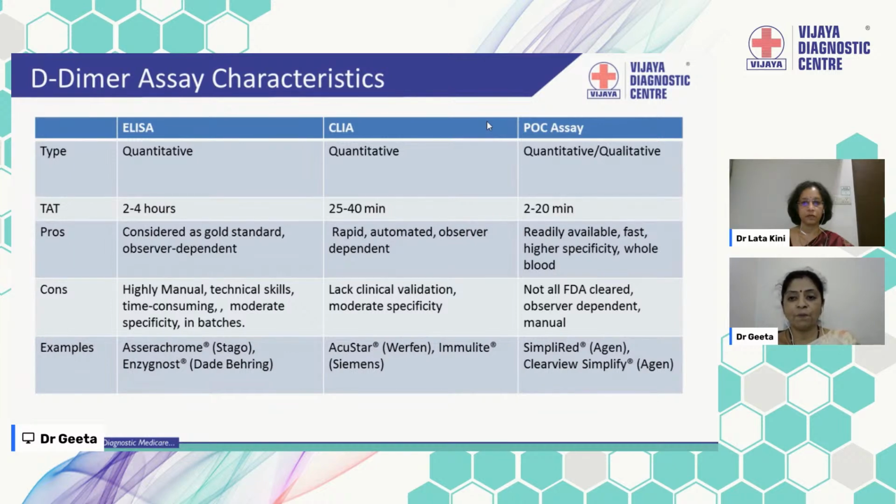They use venous whole blood for the measurement of D-dimers. These are highly specific and have a high negative predictive value. There are different instruments available in the market today using these assays, and depending on the laboratory's requirement, they can be chosen.